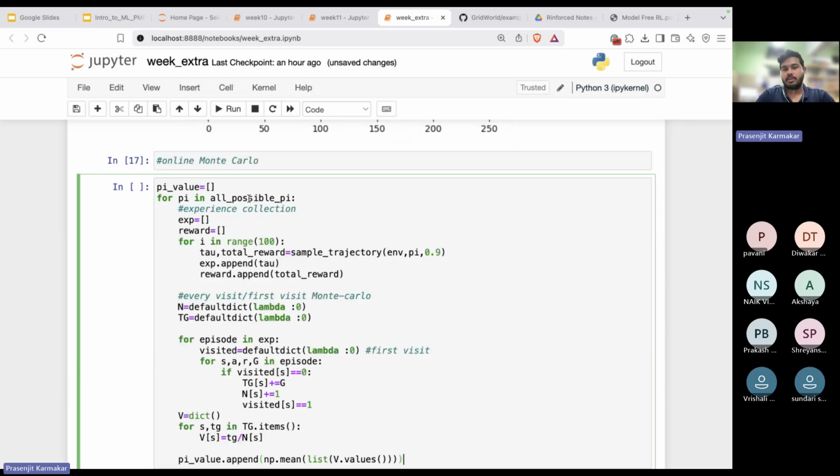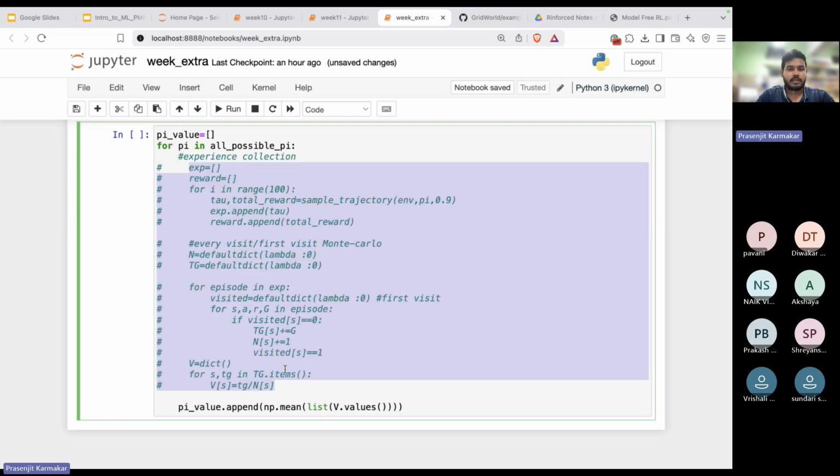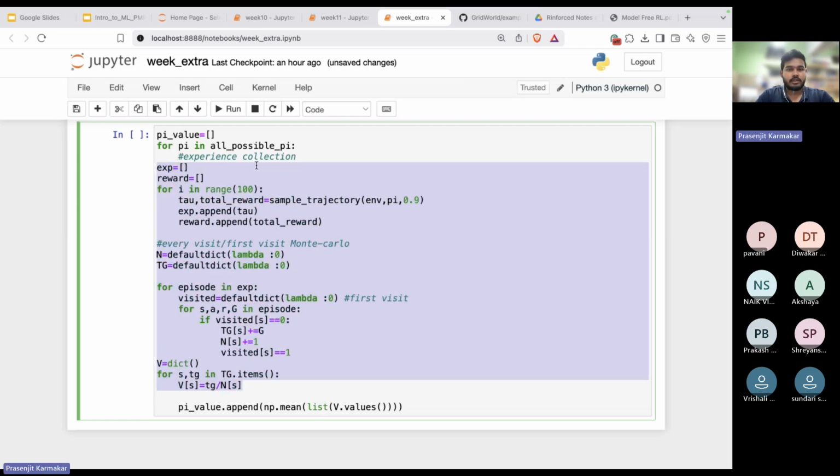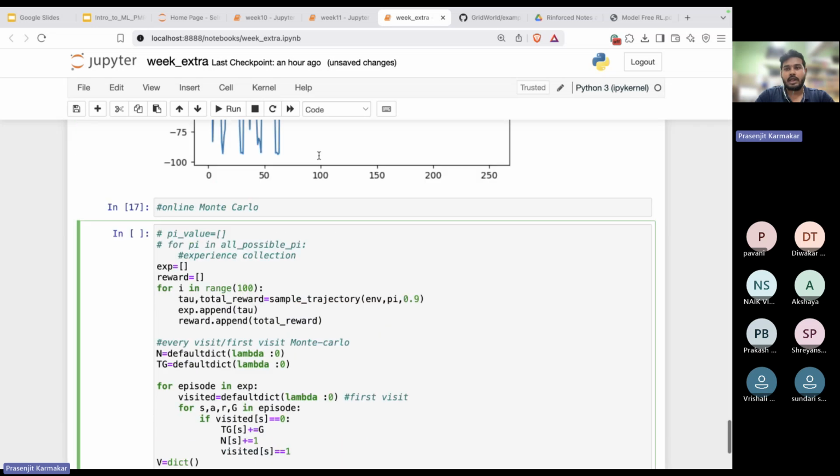So same, I am looping through all the possible policies, or initially let's not loop through all the policies. Let's choose a particular policy or a random policy. First, let's go for a random policy.